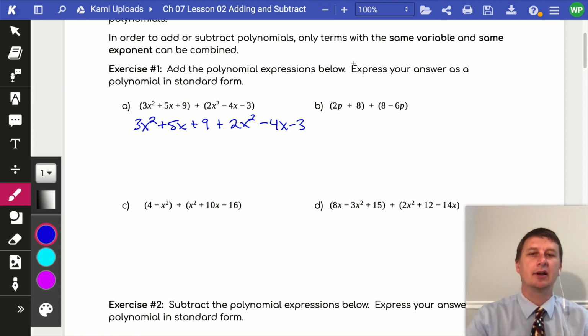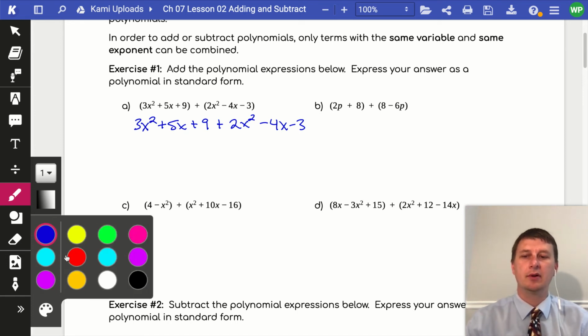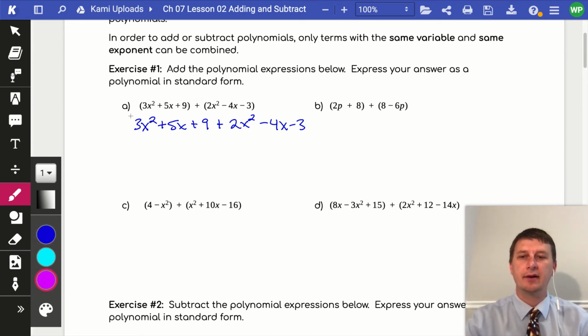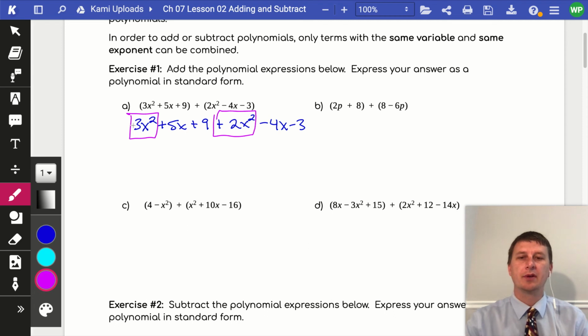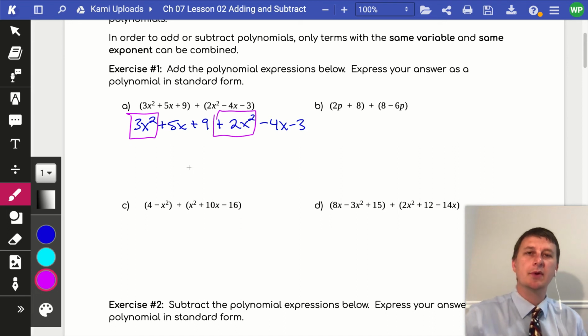And it says up here our like terms need to have the same variable and the same exponent. So for example, we have two like terms right here that are 3x squared and positive 2x squared. We have the same variable x and the same exponent of 2, so we could combine x squareds with x squareds.